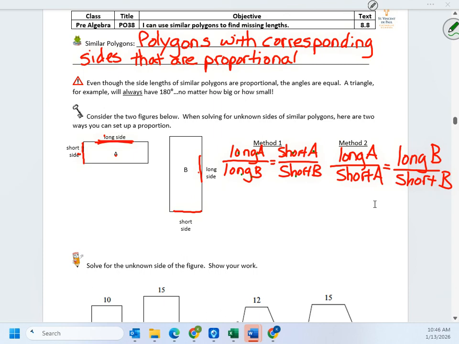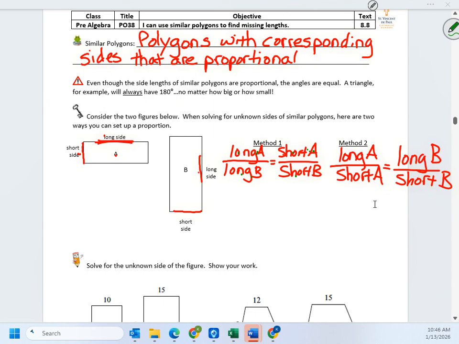They match up either vertically or horizontally. Either way is correct. So you could do long A over long B. You could do long B over long A. But if you have the A on top here, the A has to be on top here. If the B's on top, then the B is on top. You have to be consistent with the longs and the shorts matching up and the A's and the B's matching up.